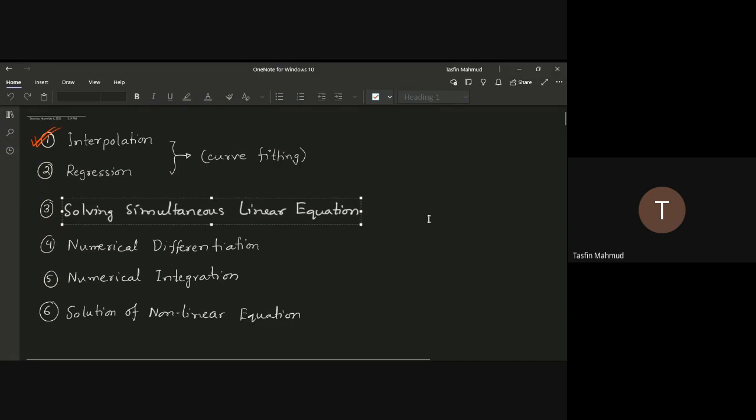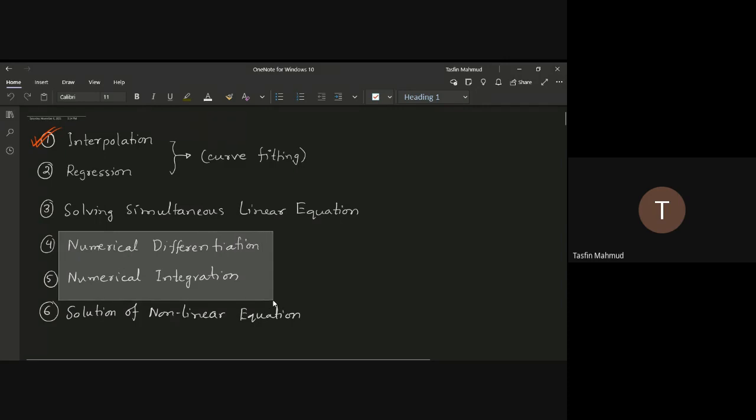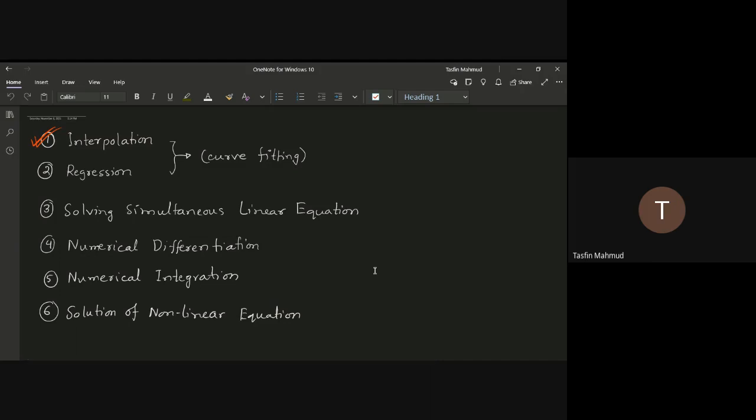I mean, if we have been given a set of equations, we can solve them to find x, y, z, or the unknowns. And then in the previous session, we went through numerical differentiation and integration. We know the techniques for how we can differentiate or integrate if we have been given a data table. We can calculate the integral or derivative at a certain point.